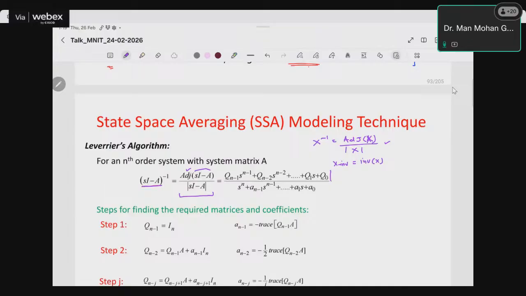So here Q(n-1), Q(n-2), Q1, Q0 are matrices.